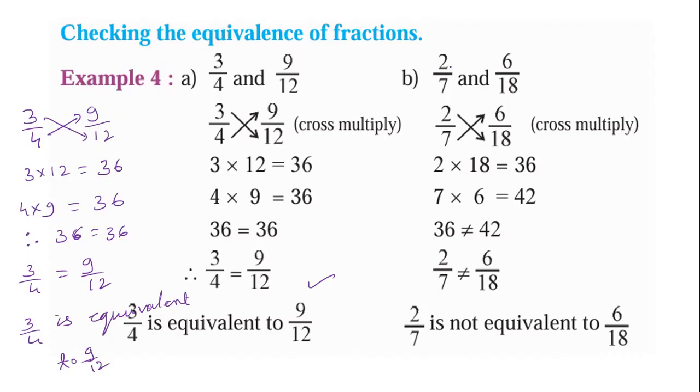Here, see 2 by 7 and 6 by 18. 2 18s are 36. Here 7 6s are 42. 36 is not equal to 42. Therefore, 2 by 7 is not equivalent to 6 by 18.